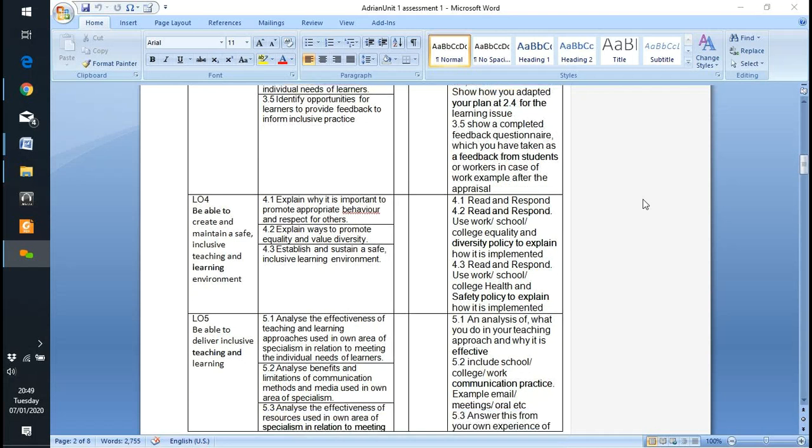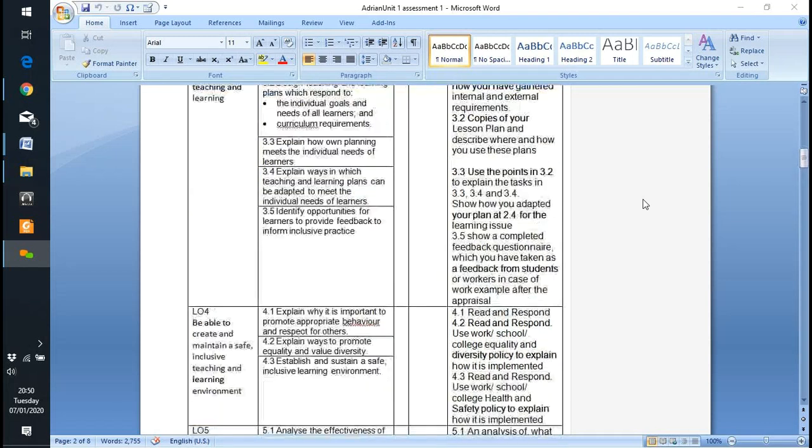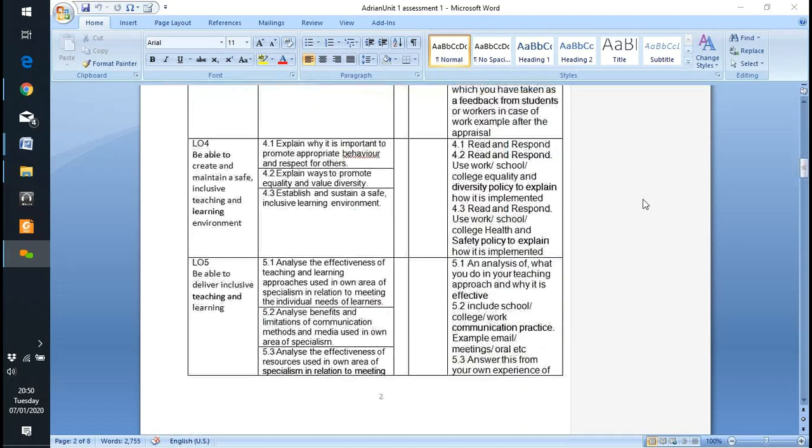All right. I'll run into LO4 for you tonight, because I'll cover some of that again in a minute, because it is a fairly short one. It's only 3 objectives, and 2 of them are just explanations, and the third one is partly covered by any observations that you'll do.